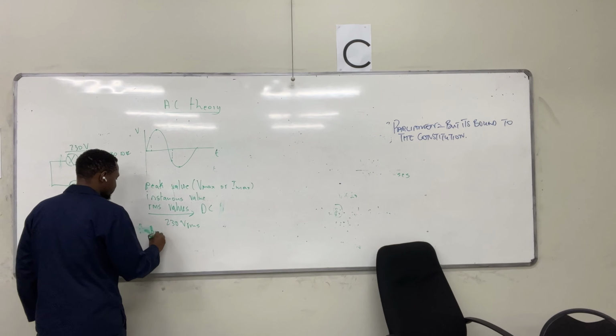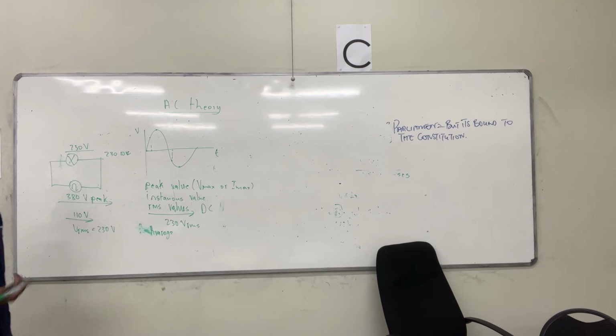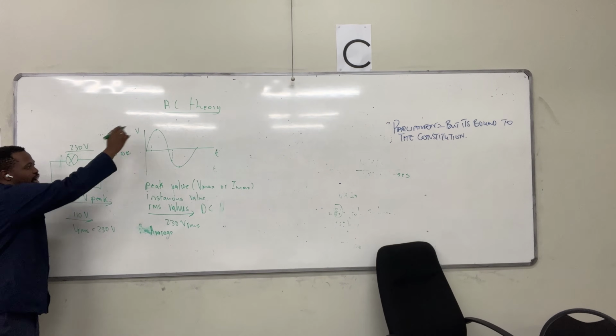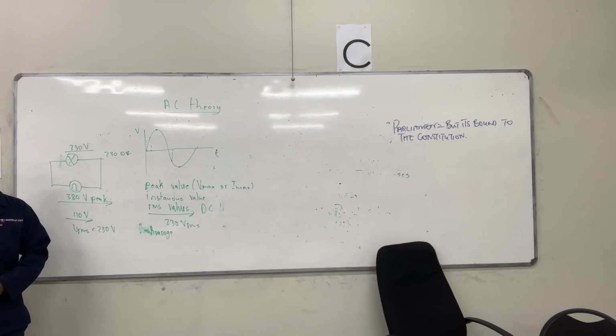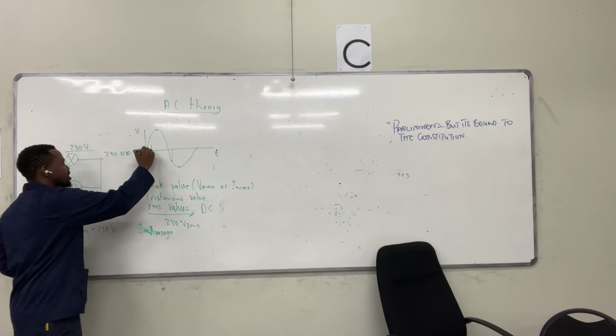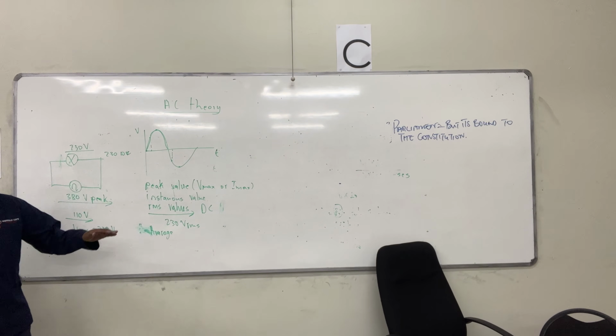Average value of the voltage or current is basically the average of the sine wave. And that average is measured only on half a cycle.